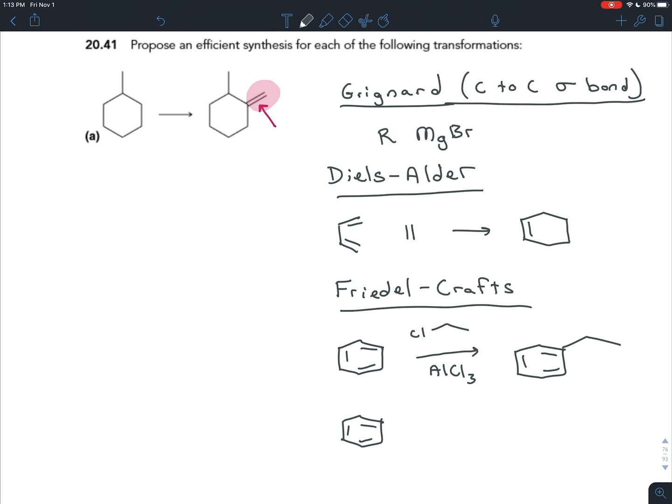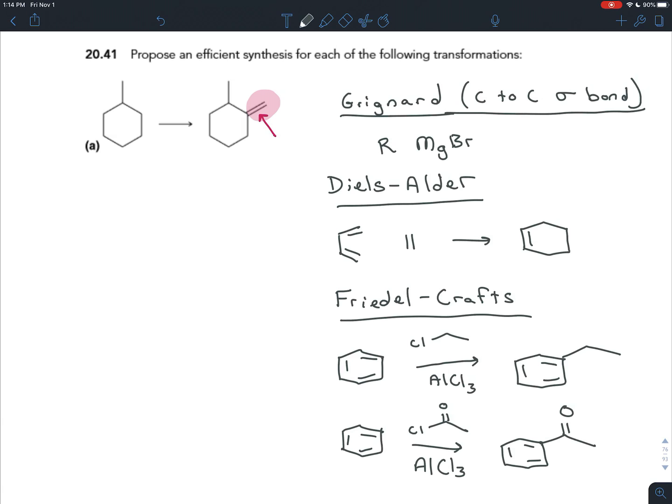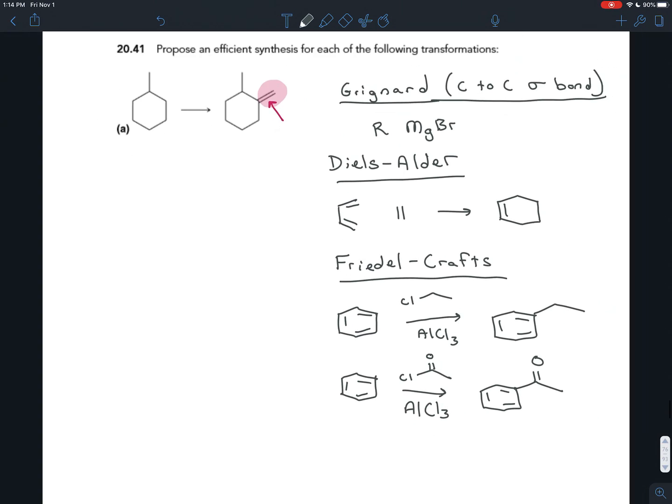That's if you have the benzene, and instead of treating it just with a carbon chain, you treat it with an acyl chain. That's where you have this carbon-oxygen double bond group as part of the carbon chain. You still need to use the AlCl3, and that ends up putting that acyl group onto your benzene ring. Well, those aren't going to be our choices here because we don't have a benzene ring. So Friedel-Crafts acylation, alkylation, maybe not our best choices.